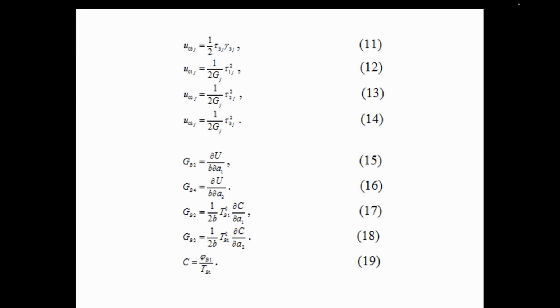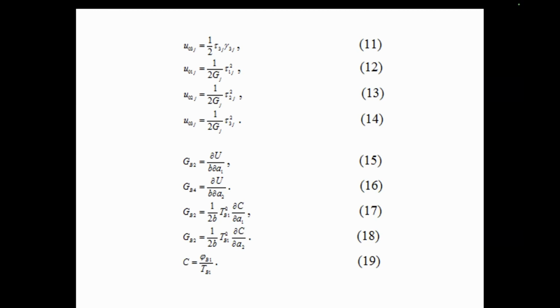After resolving the static indeterminacy, the strain energy release rate is obtained from the strain energy via formula number 15. Actually, formula number 15 is aimed for calculating the strain energy release rate at increase of delamination in the delamination tip in cross-section B2 of the beam.